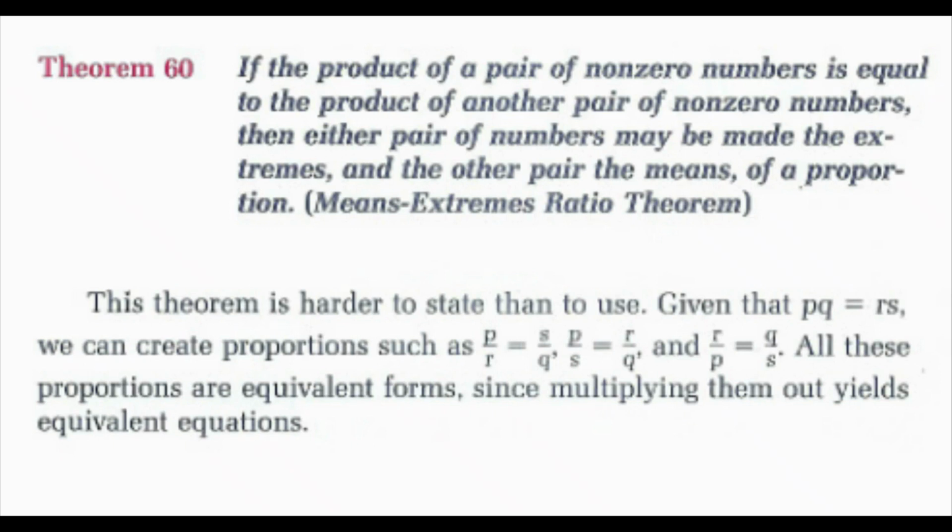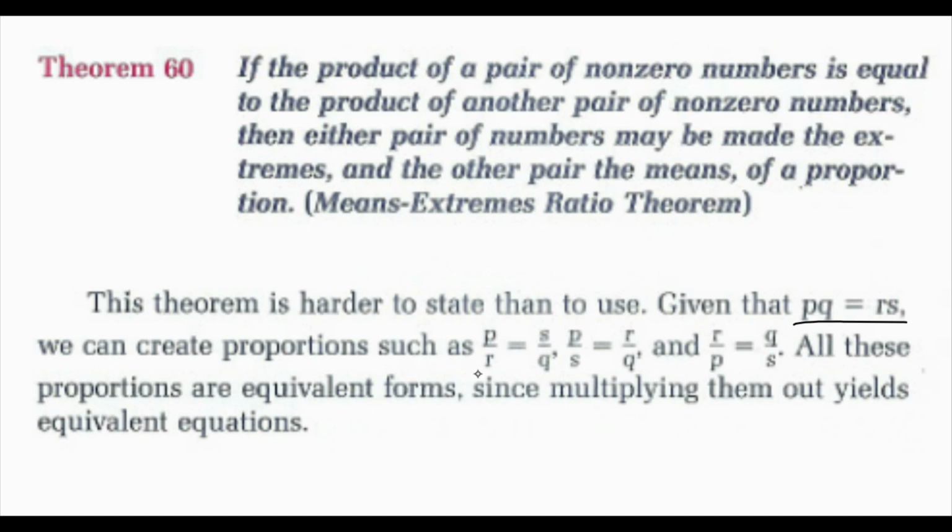What this theorem is telling us is if we're given a product, say for instance PQ is equal to RS, I can make PQ my means and RS my extremes, or I can make RS my means and PQ my extremes. So when I set up a proportion, I can create different proportions where P, Q, R, and S are all in different positions, but they'll give me the same equivalent equations.